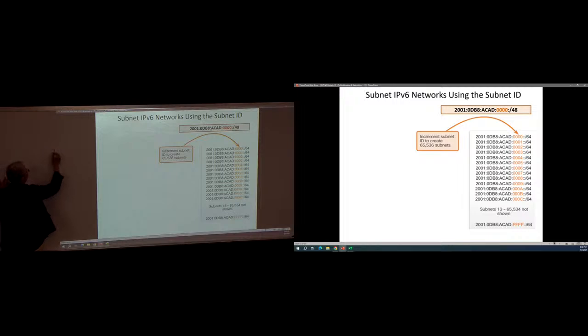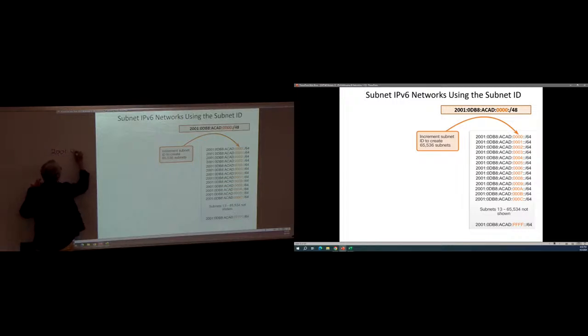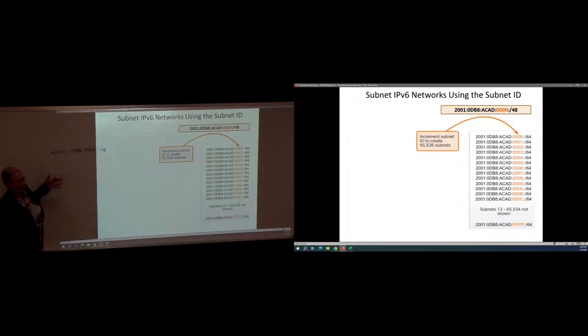In this case, they're giving us 2001:0db8:ACAD::/48. That's what they give us, and then they'll say, go ahead and use the 4th hextet to do your subnetting.